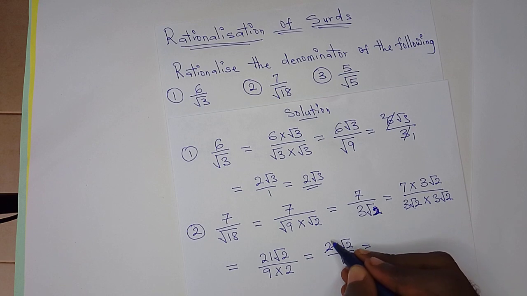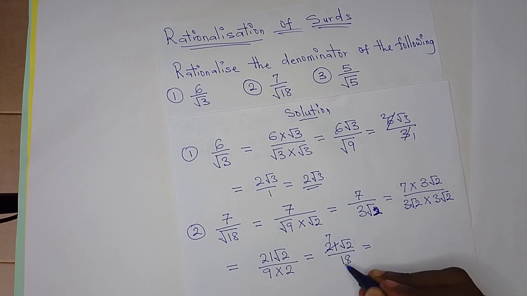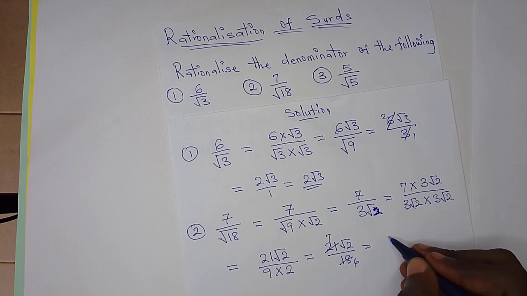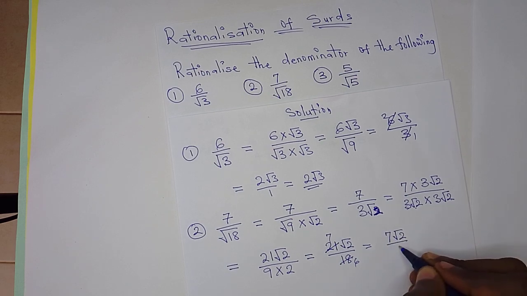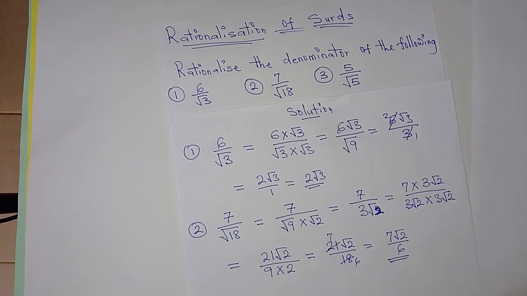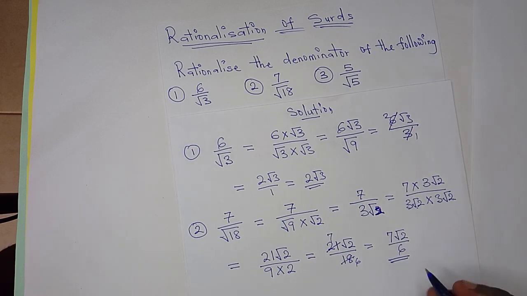So 3 will cancel 21 7 times, cancel 18 6 times. So the final answer will be 7 root 2 all over 6. So you can see that this 6 now is no longer a rational number. The 6 is now a whole number. So you have rationalized that question.